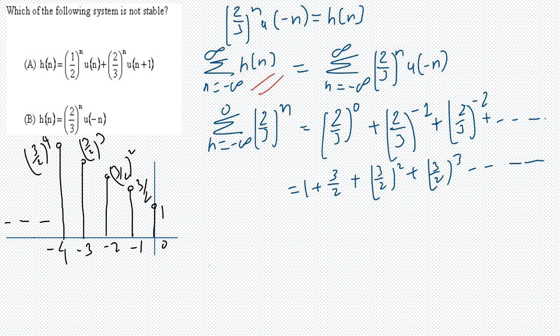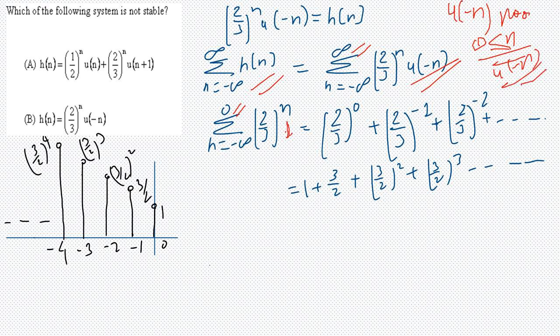You can see that u of minus n will be non-zero for n less than or equal to 0, so the limit has been modified. The upper limit is 0; earlier it was infinity. And u of minus n will be 1 for that case, so we can put 1 directly.